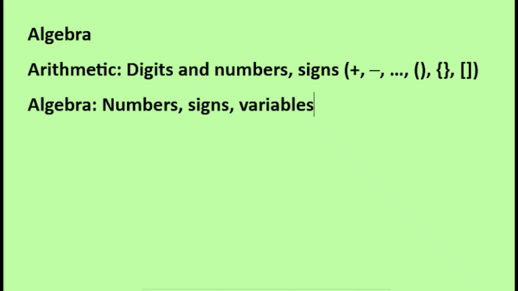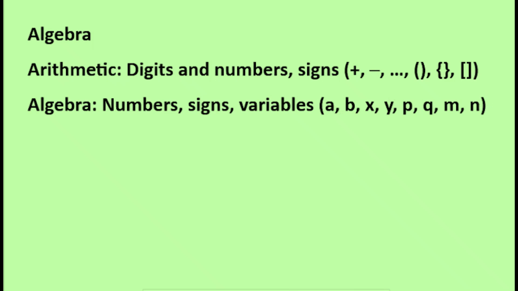Variables are usually alphabets like A, B, C, or X, Y, P, Q, M, N. You'll use numbers, plus, minus, multiplication, everything, but also these, which are called variables.